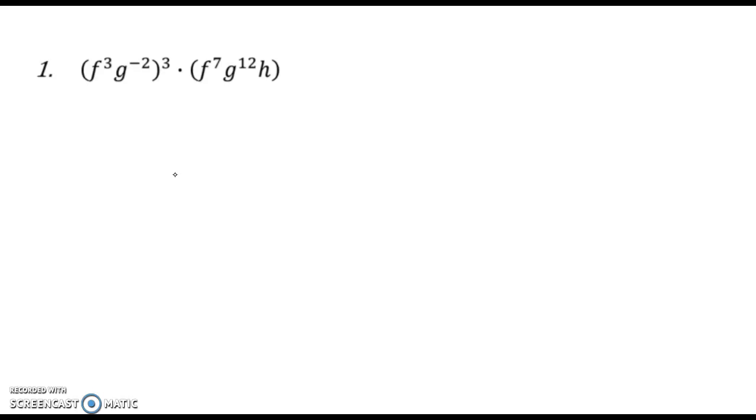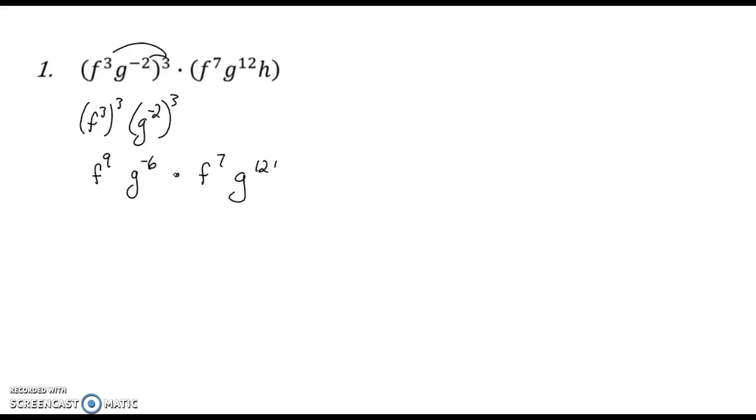Either way is fine. So if we have a power to a power right here, that becomes f to the third power and g to the negative second to the third power. So f to the third power, you multiply, you get f to the 9, and you multiply, you get g to the negative 6. Now we still have these other things right here.